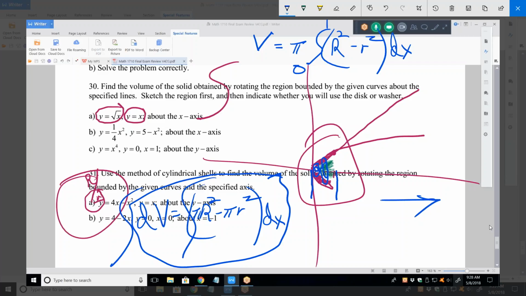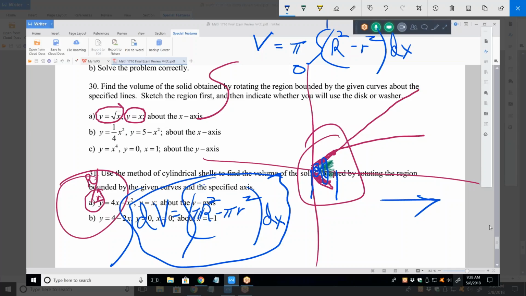In other words, let's assume that I had 10 washers that fit in there pretty nicely. Then I would just add up the volume of all 10 washers, and that would be the volume of my solid. Now, if I had 100 washers, it would be closer. It's a little bit like rectangular approximation method.